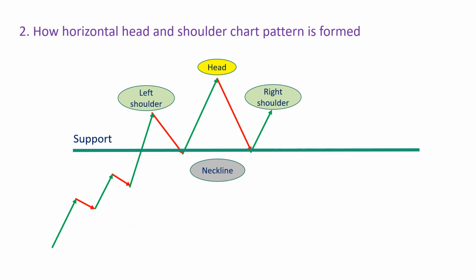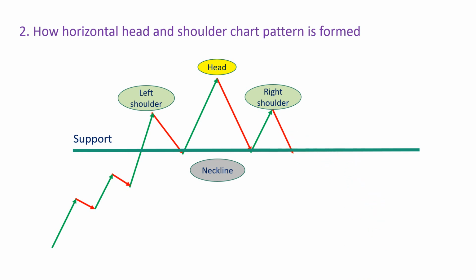Next, the price drops lower, breaks down the neckline, and three scenarios might happen. The first scenario is the price breaks down the neckline and without retesting the neckline, it continues going lower all the way. The second scenario is the price retests the neckline and then continues going down all the way.